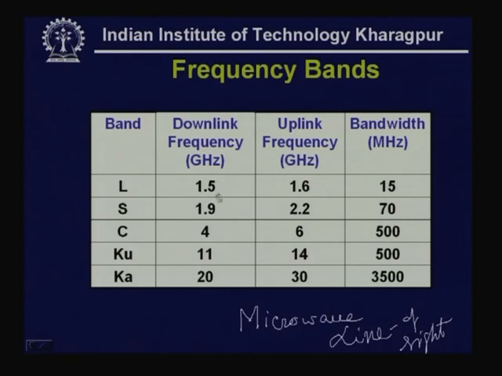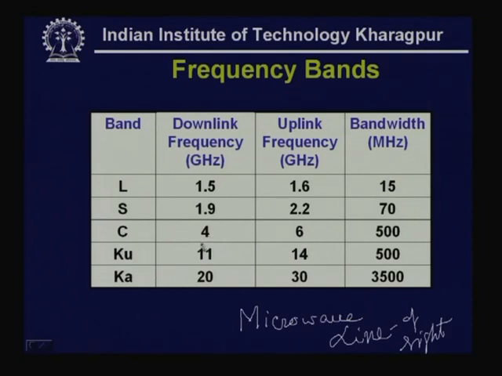Downlink frequency is around 1.5 gigahertz, uplink frequency is around 1.6 gigahertz. S band, where the downlink frequency is around 1.9 gigahertz, uplink frequency is around 2.2 gigahertz, and this is the bandwidth available for data communication. And C band, which is very popular and widely used in geostationary satellites, is 4 gigahertz and 6 gigahertz. 4 gigahertz is downlink and 6 gigahertz is uplink.